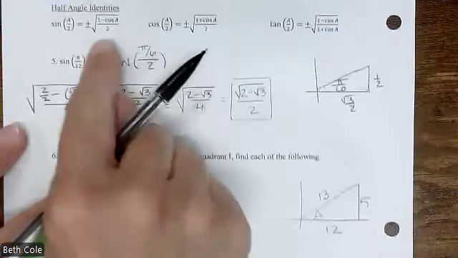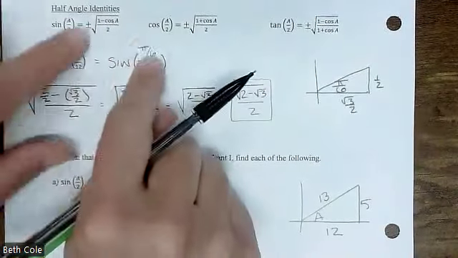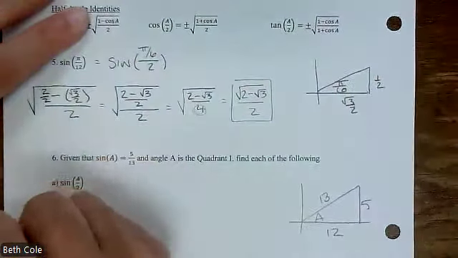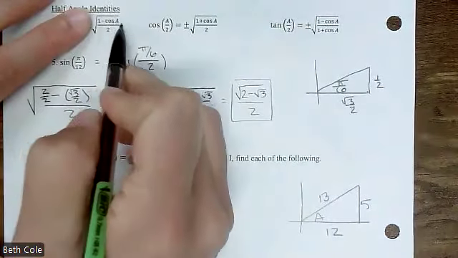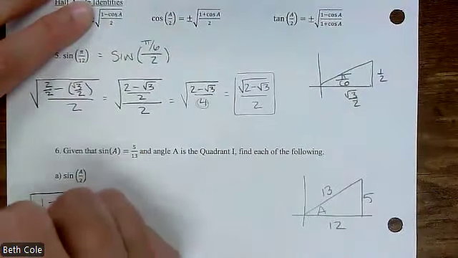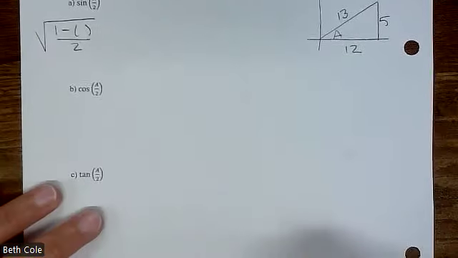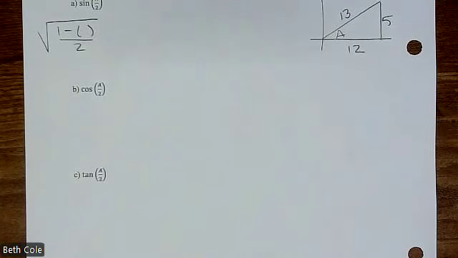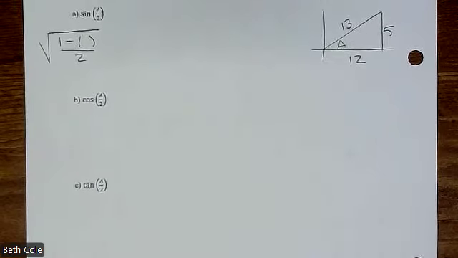So sine of A over 2. So this one right here, same one that we just did. It's going to be a big old square root, 1 minus something over 2. So just leave a blank. And what are we going to put in that something? Look at your formula. What does it say?